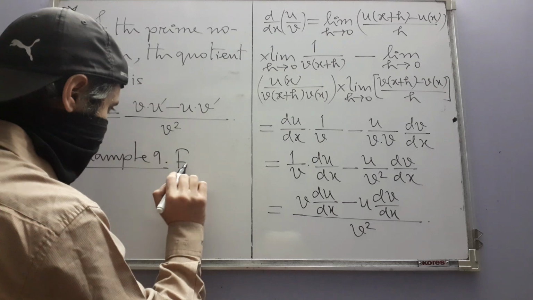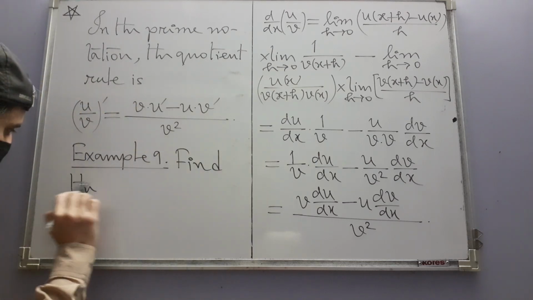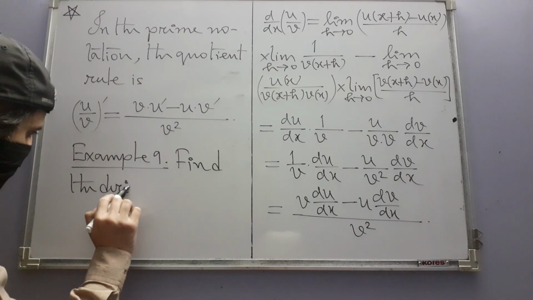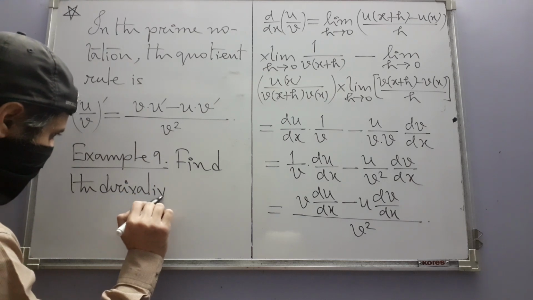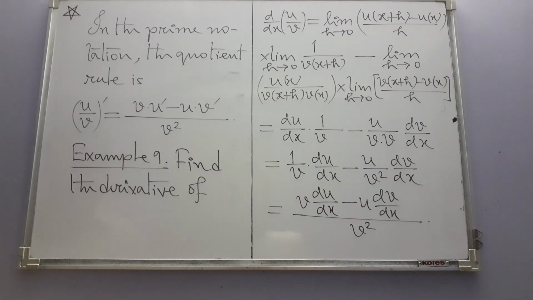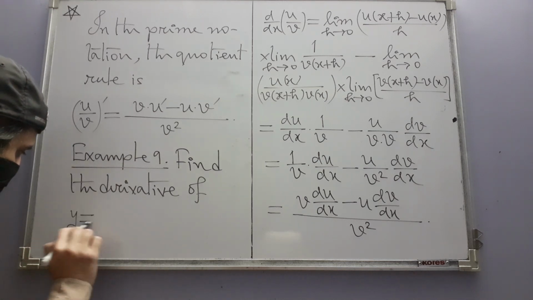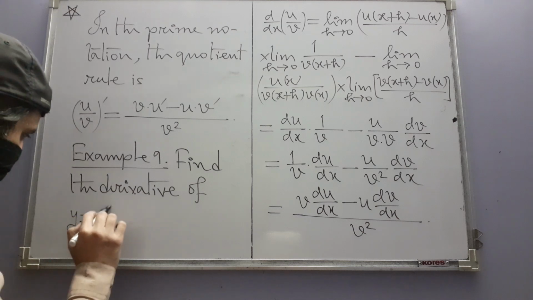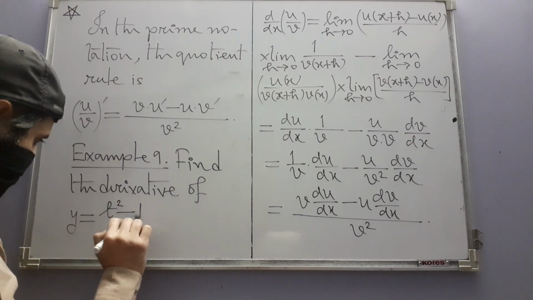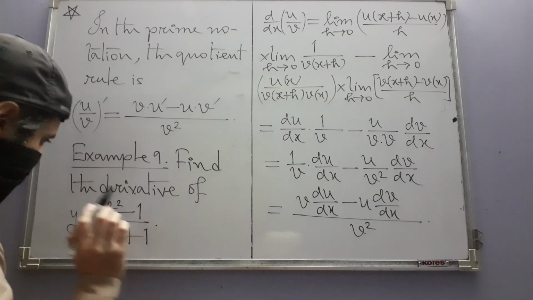Find the derivative of y equal to t square minus 1 divided by t square plus 1.